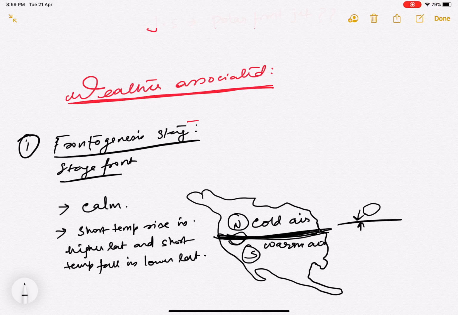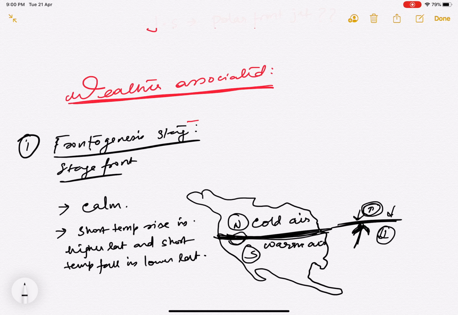Obviously this is the warm wind over here, and over here we have the cold area. When this warm wind penetrated into the cold area, suddenly there was a temperature rise in the cold area. Similarly, when the cold wind penetrated into the warm area, there was a certain fall in temperature.